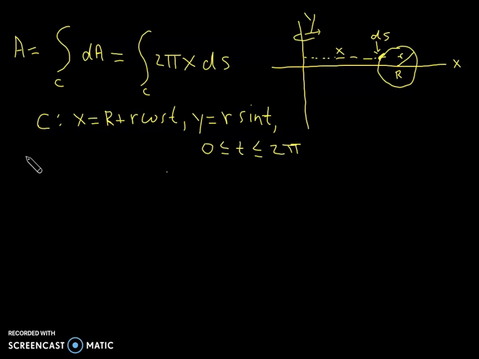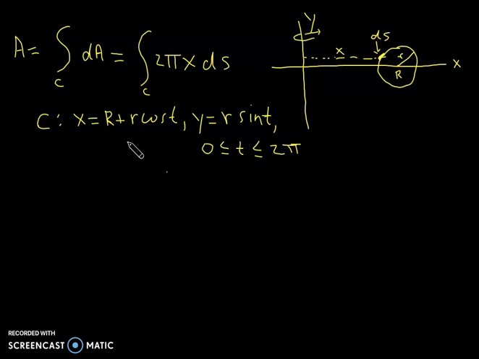Okay, so we just need to go into our integral here. The integral is going to be a t integral, and the limits of integration are going to be 0 to 2 pi. We'll be able to pull this 2 pi out. We'll replace x by big R plus little r cosine t.